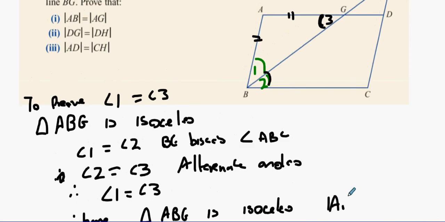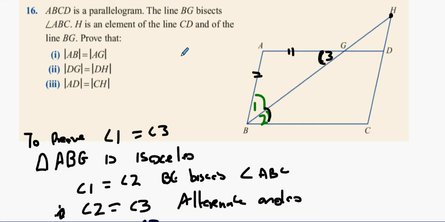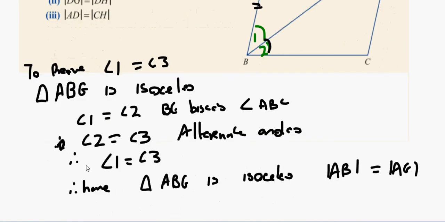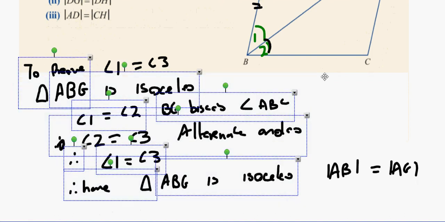And we're done. Happy days. Next thing it wants me to prove is that DG equals DH. So once again, I'm probably going to have to prove that things are isosceles to make this work.